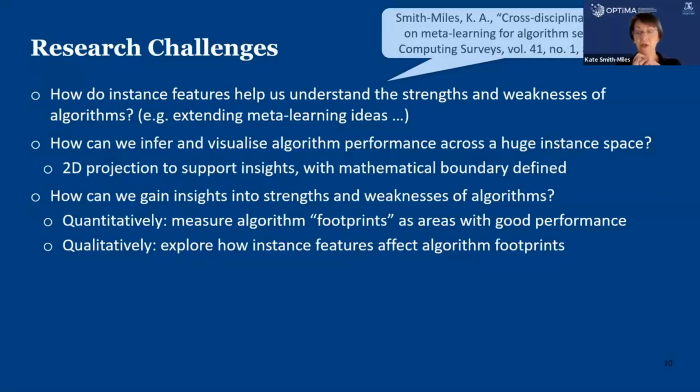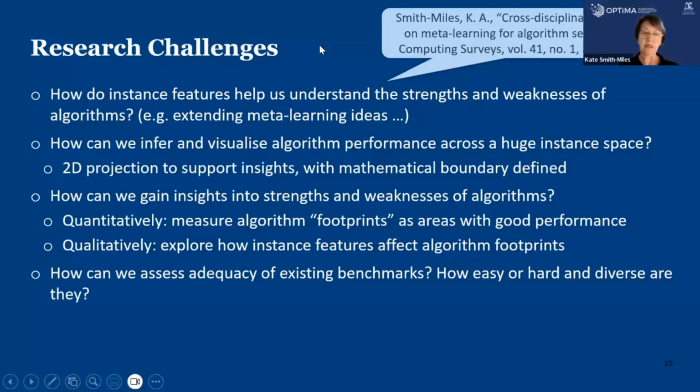We can use machine learning techniques to generalize that boundary and say, we have enough confidence that all the points within this boundary should have good performance as well, because the instances are quite similar. And qualitatively, we can gain insights into strengths and weaknesses by exploring how certain features vary across the space, and look at correlations with algorithm performance metrics.